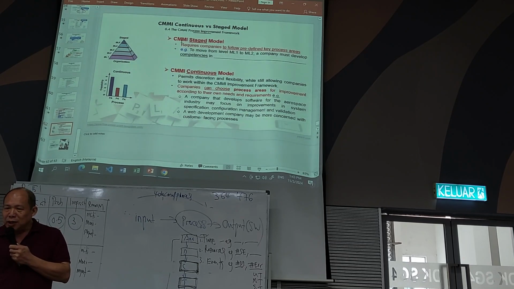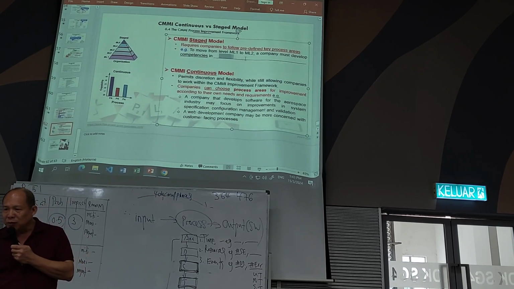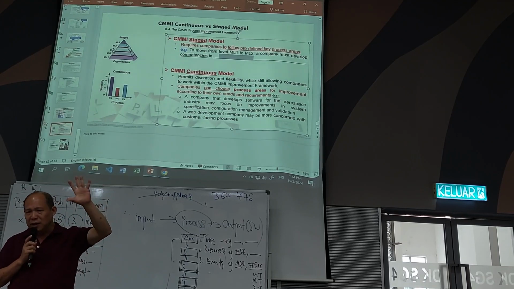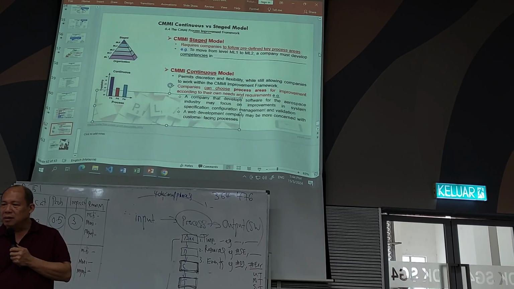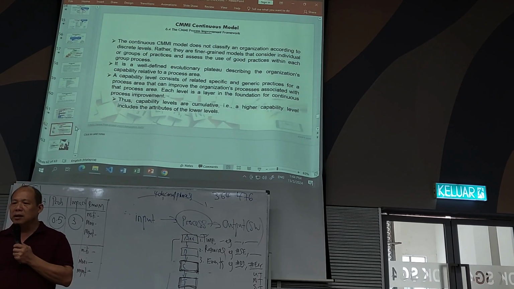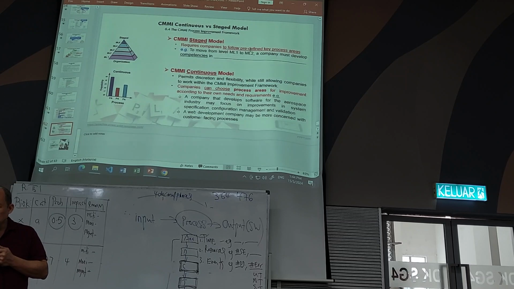The CMMI staged model requires the company to follow predefined key process areas. For example, to move from level 2 to level 3, the company needs to develop competence in a certain specific area of competencies. Predefined.